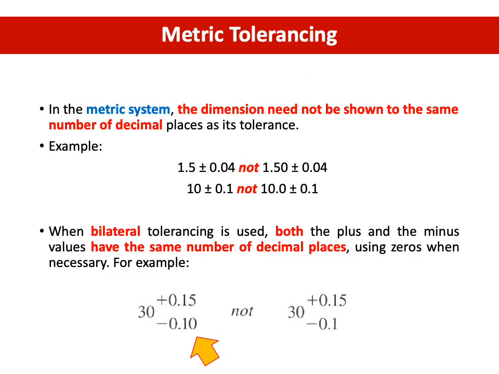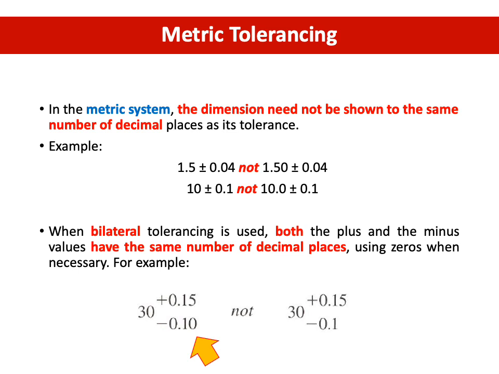Next is the metric tolerancing. Later we will discuss the inch tolerancing, so I hope you can detect the difference between these two methods. Let's go through the metric tolerancing first. In the metric system, the dimensions need not be shown with the same number of decimal places.